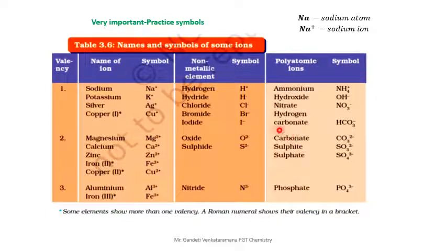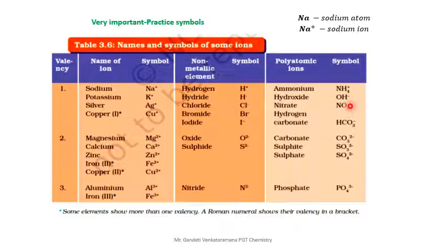In the previous cases only one atom is present, but in polyatomic ions, for example ammonium, nitrogen N and hydrogen are present, so more than one atom is present. Ammonium symbol NH4 plus. Hydroxide OH minus. Nitrate NO3 minus.